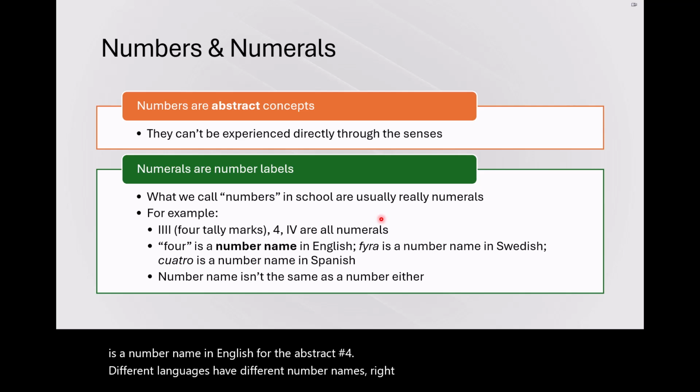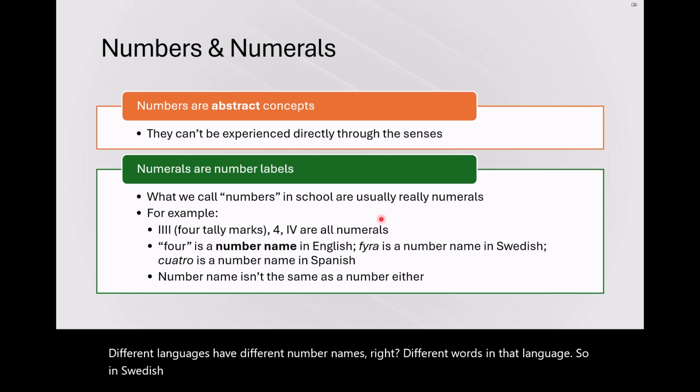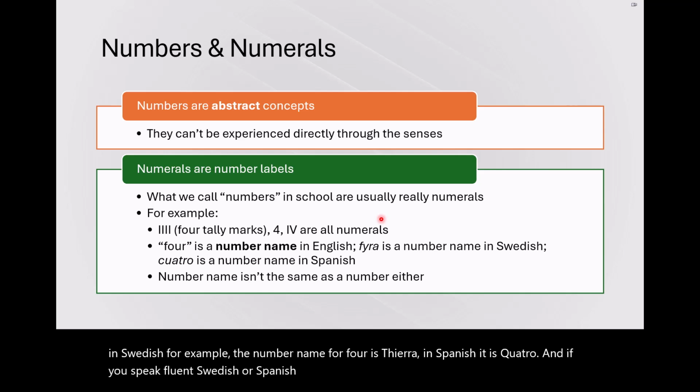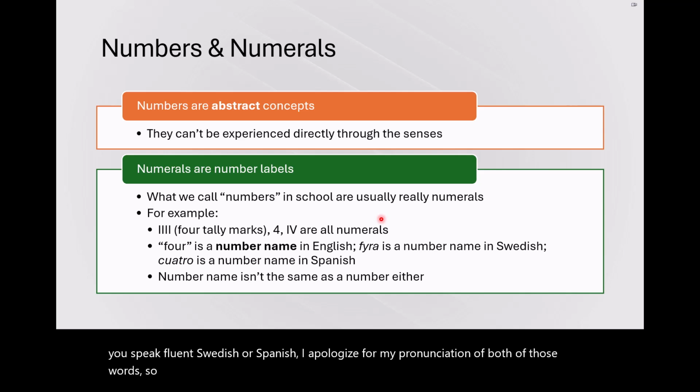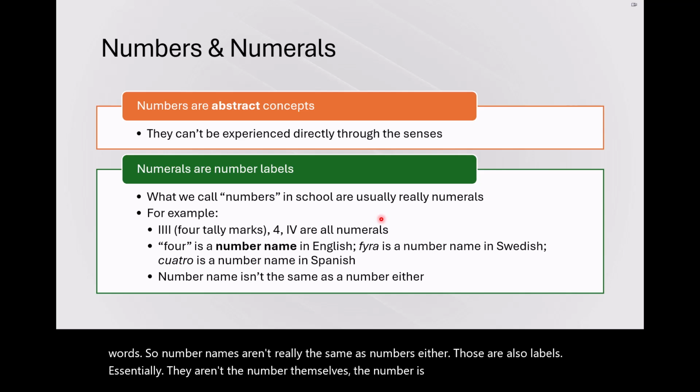Different words in that language. In Swedish, for example, the number name for 4 is fyra. In Spanish, it is cuatro. And if you speak fluent Swedish or Spanish, I apologize for my pronunciation of both of those words. So number names aren't really the same as numbers either. Those are also labels, essentially. They aren't the number themselves. The number is the abstract concept.